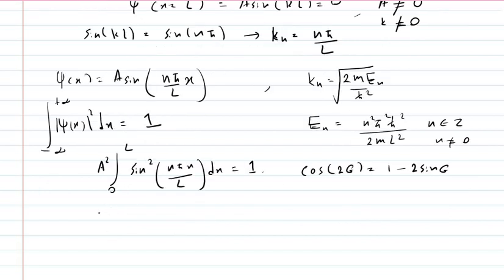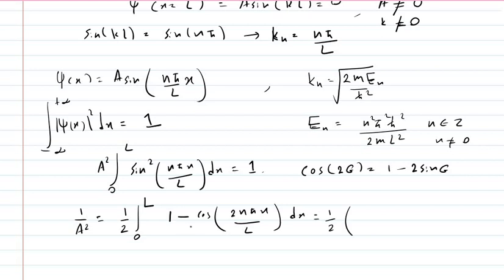Using this identity, we can rewrite this integration like this. 1 over A squared is equal to the integration from 0 to L of 1 minus cosine 2n pi x over L dx, and we get another coefficient here, 1 over 2.